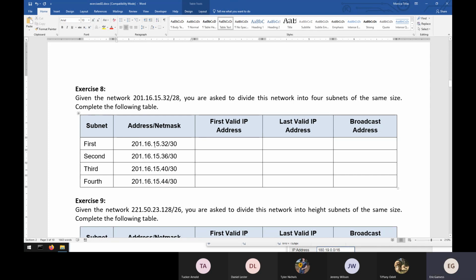So let's see. What are the IP addresses that I have in this subnet? I have 4 IP addresses: .32, .33, .34, and .35. So of course, if this one starts in .36, this one has to end in .35. So the broadcast address will be 201.16.15.35, which is one IP address before where the next subnet starts.